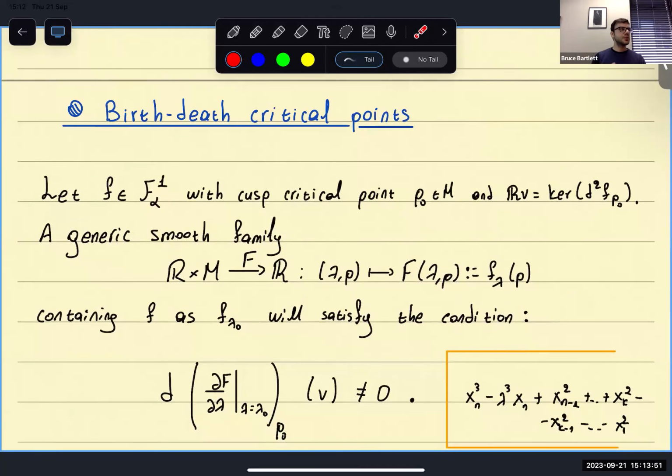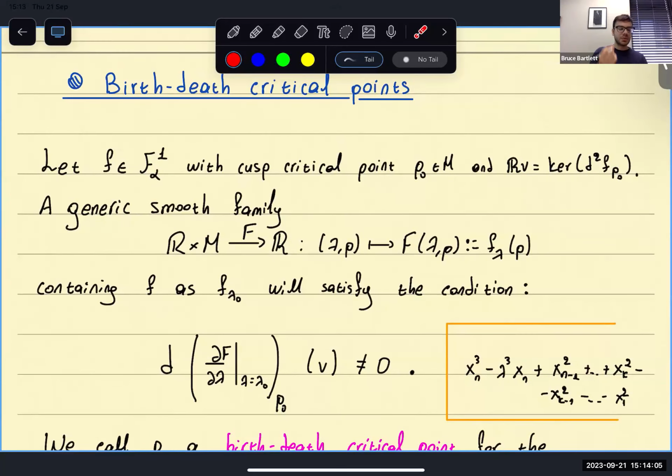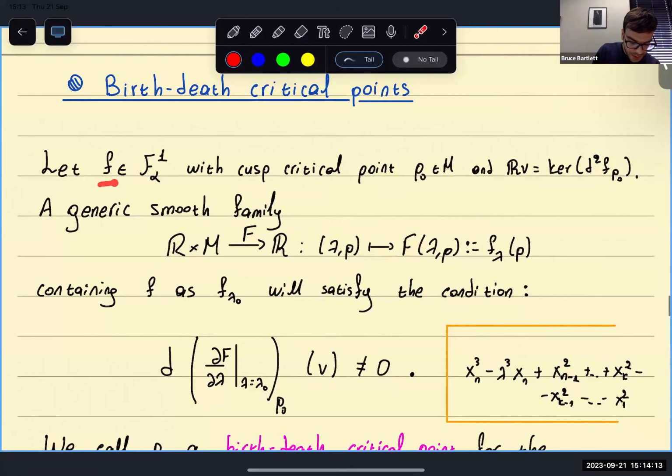So I defined for you what a cusp critical point is, and it defined what we'd be calling a birth-death critical point, which is very similar, but it's a specific type of cusp critical point within a family. So if I take a smooth function f which has a cusp critical point p0, let's say that v is a vector that generates the kernel of the intrinsic Hessian.